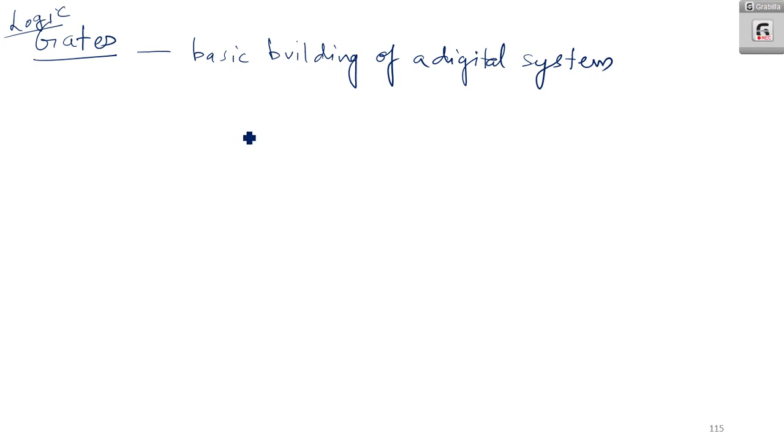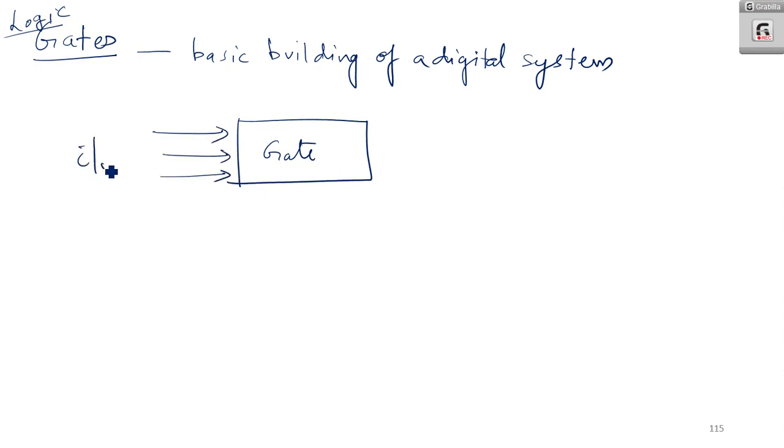Suppose you consider a gate as a black box or a block. It will have certain inputs, and it can have an output. It can have only one output per gate.